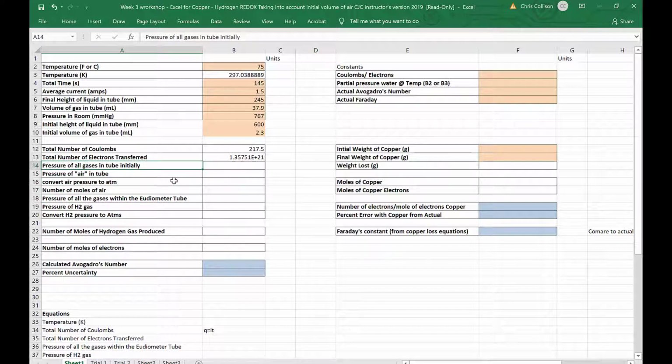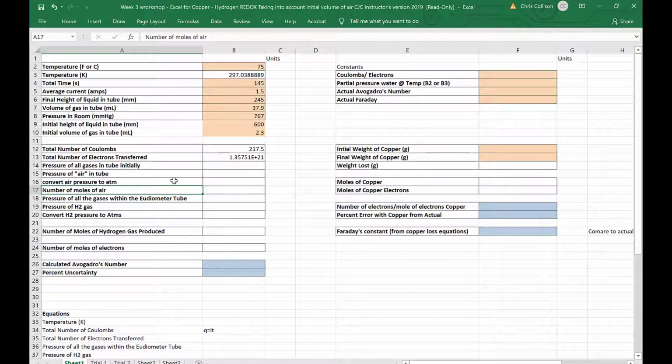Pressure of all gases in the tube initially, the pressure of the air that's in that tube. We're going to then convert that air pressure into the units of atmospheres. We're also going to calculate the number of moles of air, and these are all initial values before we've ever passed any current through the system.